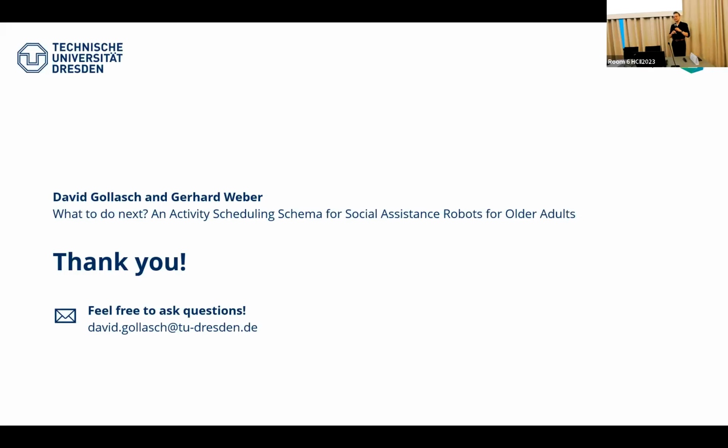No, I just listed some issues that you have with current systems. But when you look in the future, it would be desirable to have a social assistance robot that is multi-purpose, because you don't want a robot that does only, like, vacuum cleaning, which would lead to having a robot for each activity in the household. What you want is probably more a robot that does multiple things at once.